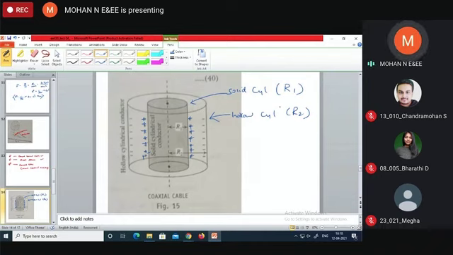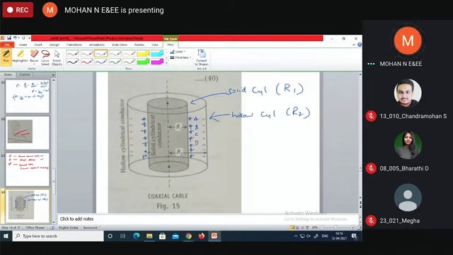Now, because of the cylindrical symmetry, the electric field intensity remains the same all over the surface that is parallel to the axis. For example, at point A you'll have the same field, at point B the same field, at C and D the same field.